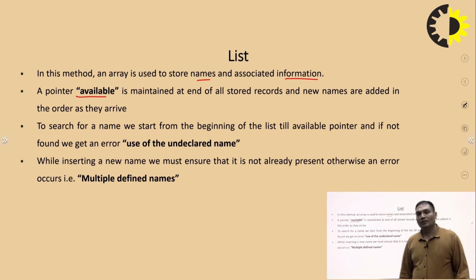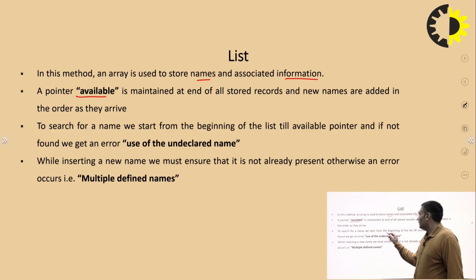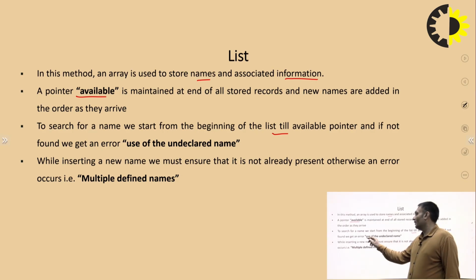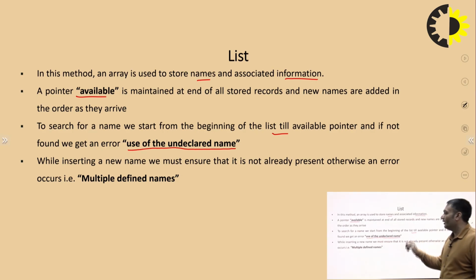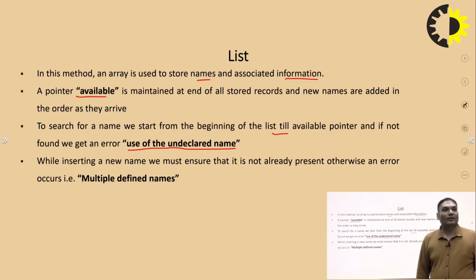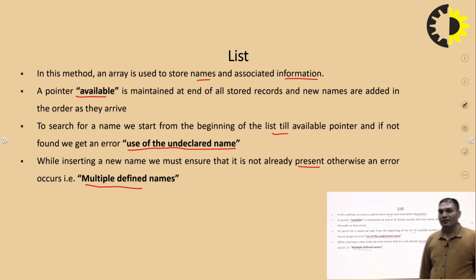If you want to search for a name and its related information, we can search from the beginning of the list till the available pointer, and if not found, then the error use of undeclared name will be printed. While inserting a new name, we must ensure that it is not already present inside the table, otherwise the error multiple defined name will be displayed.